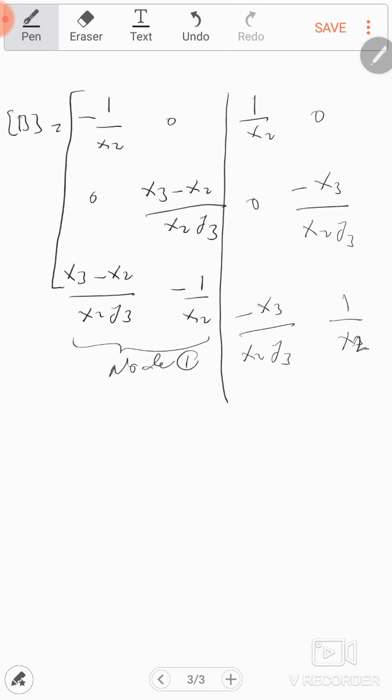Then go to node number 3: 0, 0, 0, 1 over y3, 1 over y3, and 0.